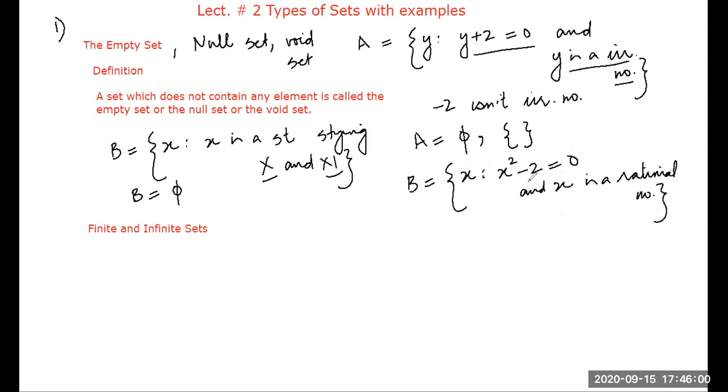By the first condition, we come to know that x squared is equal to 2. Obviously, x will be equal to plus minus root 2.